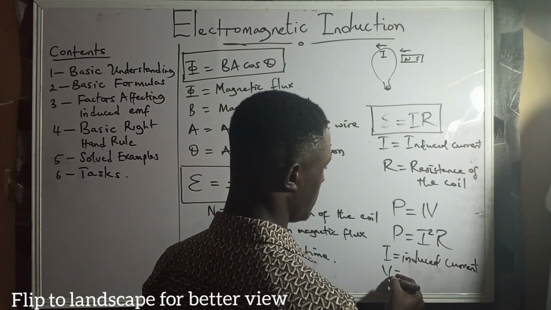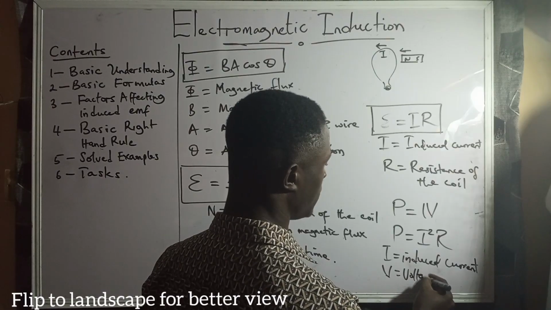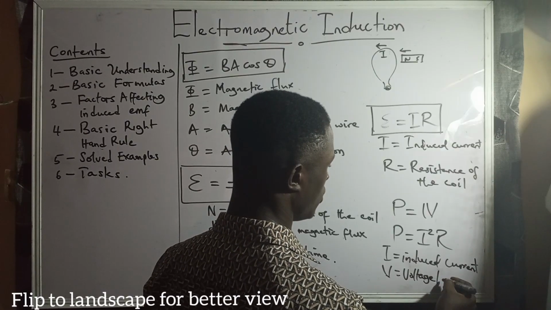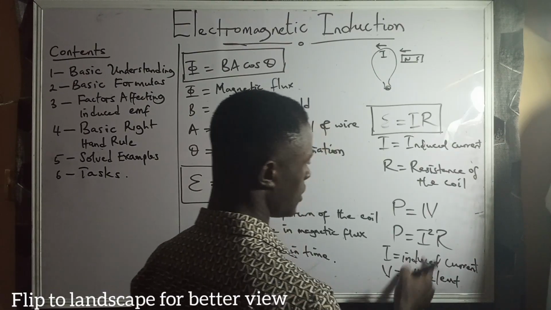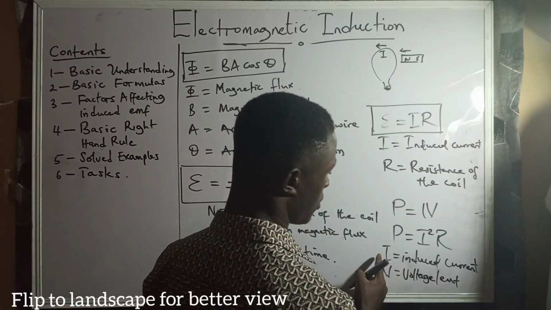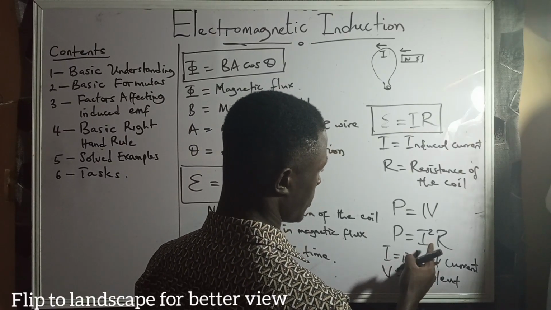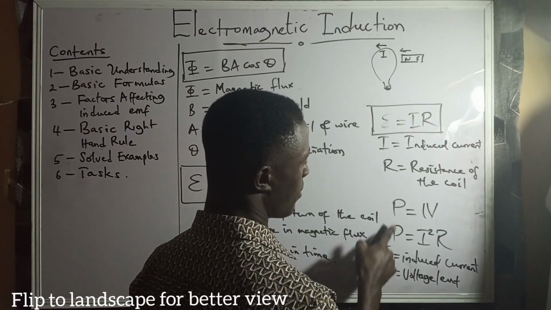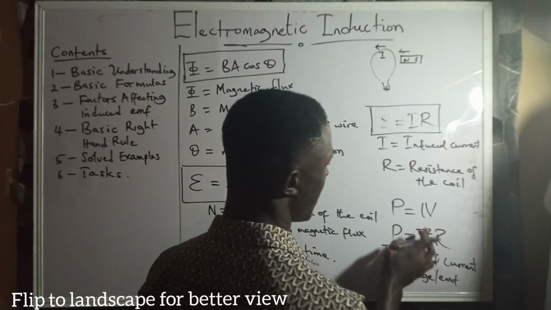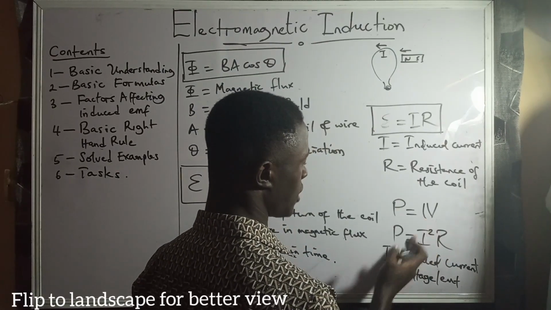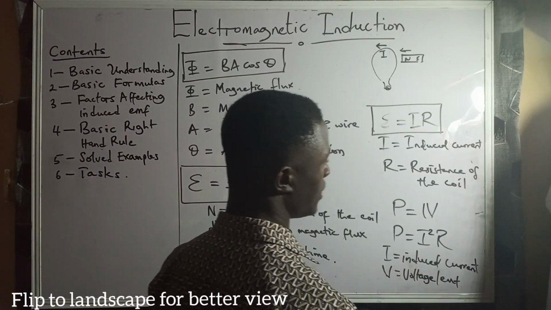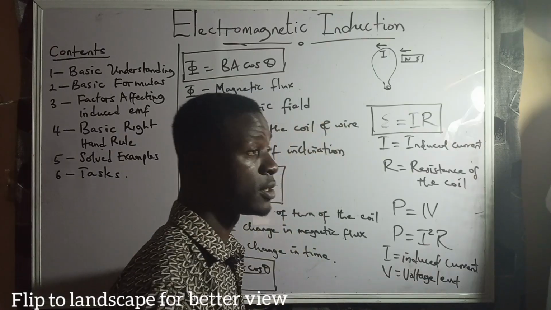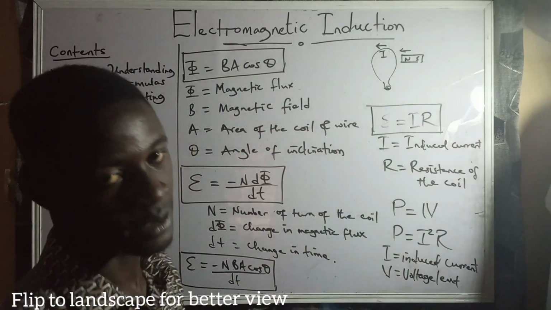V is the voltage, and your voltage here is also equal to your EMF, please don't forget. R is resistance. So if you have current and voltage, you can calculate power, or if you have current and resistance, you can calculate your power. So that is that.